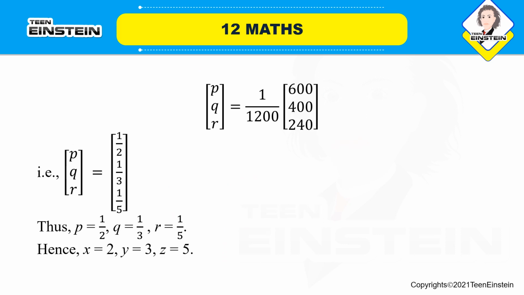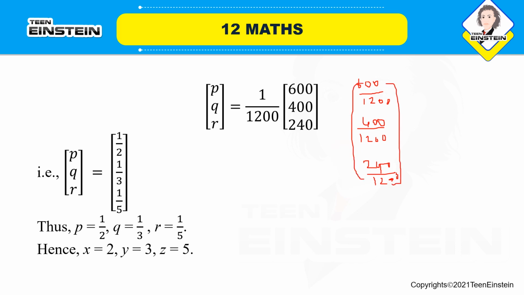Now bring this 1 by 1200 inside. So 600 by 1200, then 400 by 1200, 240 by 1200. Okay.